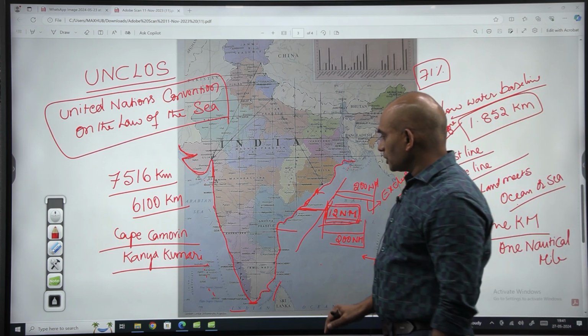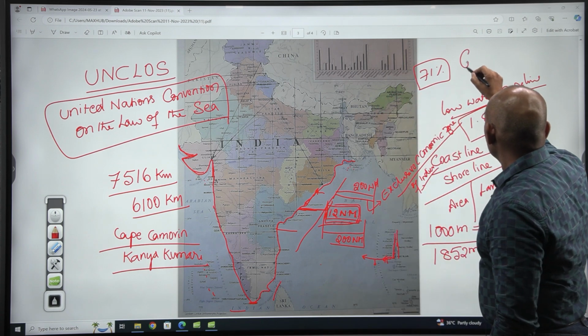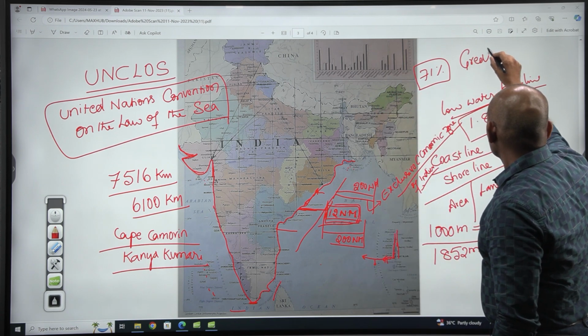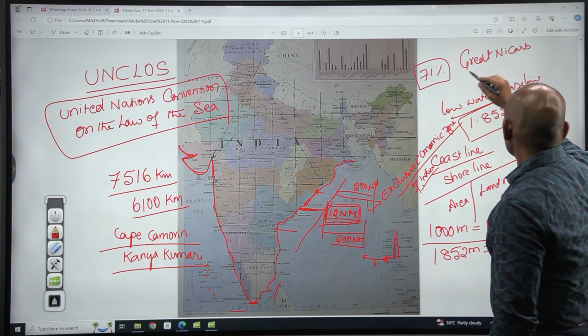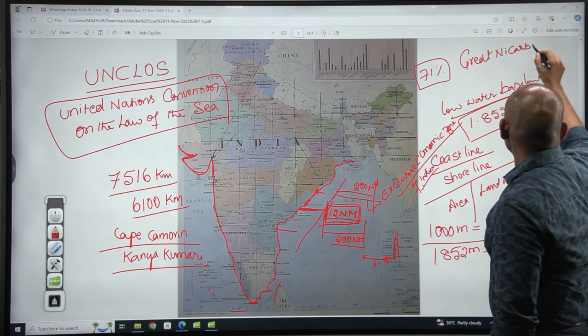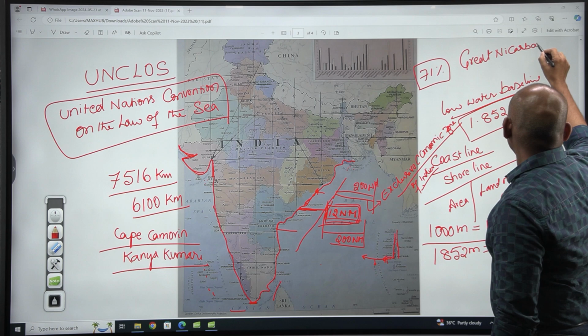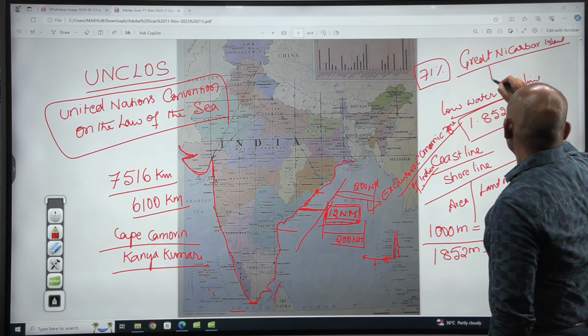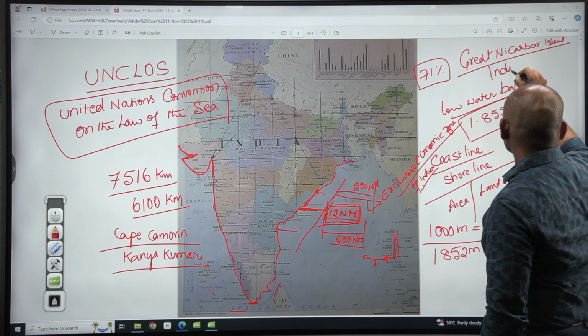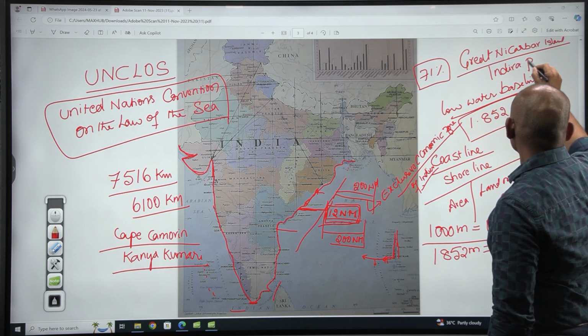I'll show you. The southernmost tip is located in the Great Nicobar Island. What is that southernmost tip? That is Indira Point.